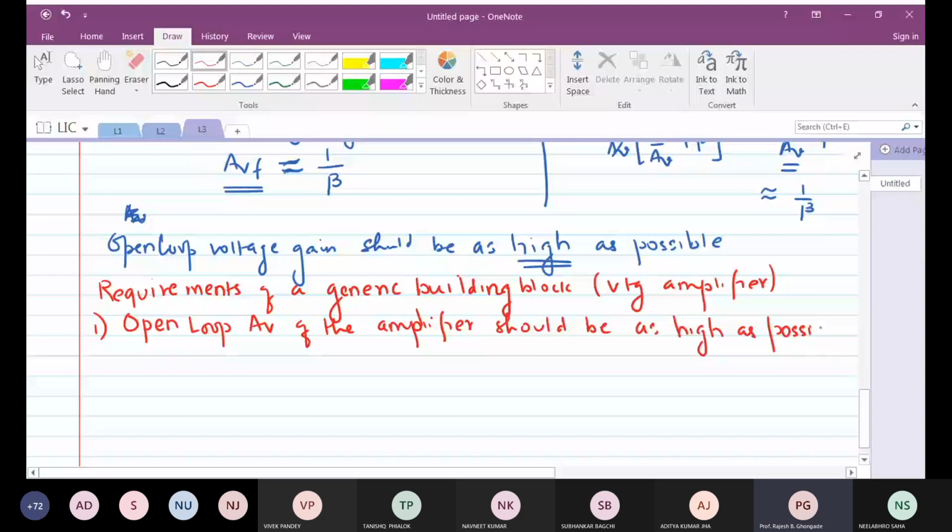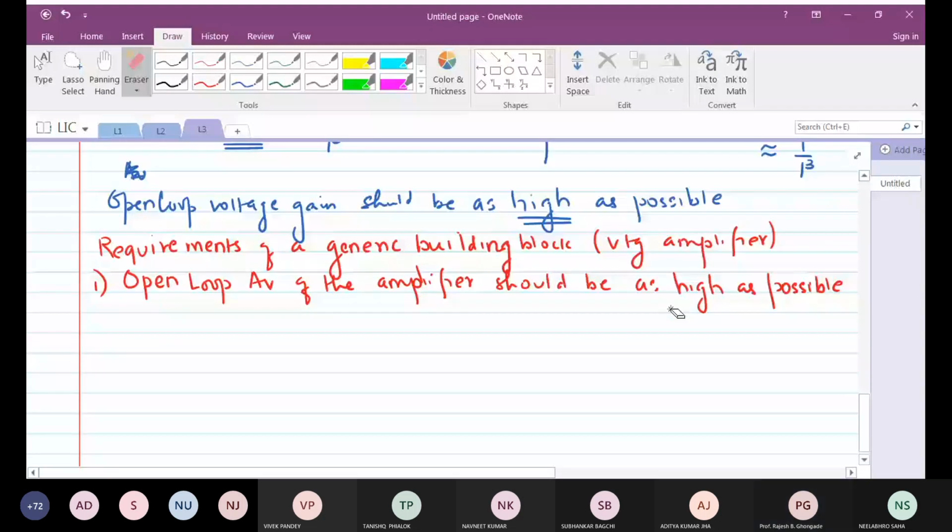If you consider ideal, it will be infinity. Let us not get confused here. Ideally, infinity.